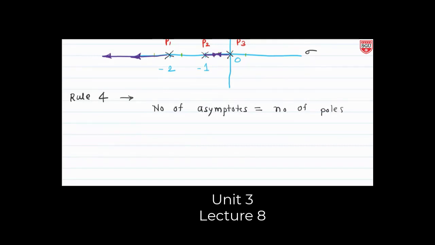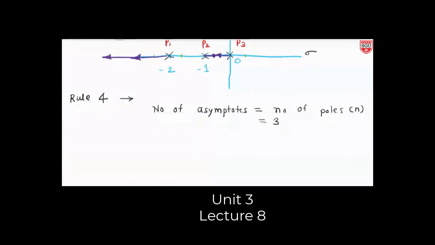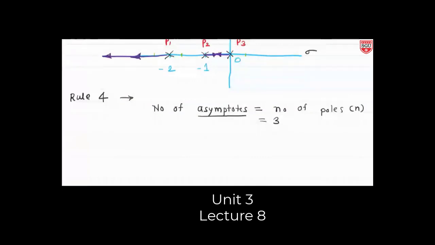In our case, how many poles are there? 3 poles are there. So the number of asymptotes in our problem will be 3. How to draw them we will understand. Then where is the centroid of the asymptotes? Centroid is nothing but a point on the real axis.